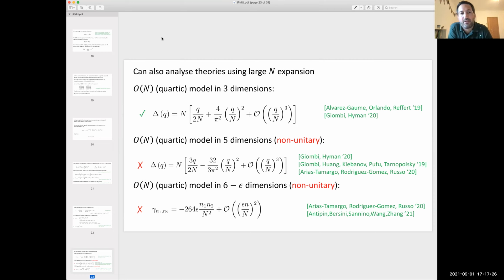You can formally calculate for the ON quartic model also in 5 dimensions. And then, interestingly, you find that it's not convex. So you find that the coefficient in front of the Q squared term is negative. So this violates the conjecture. And similarly, you find non-convexity for the ON quartic model in 6 minus epsilon dimensions.